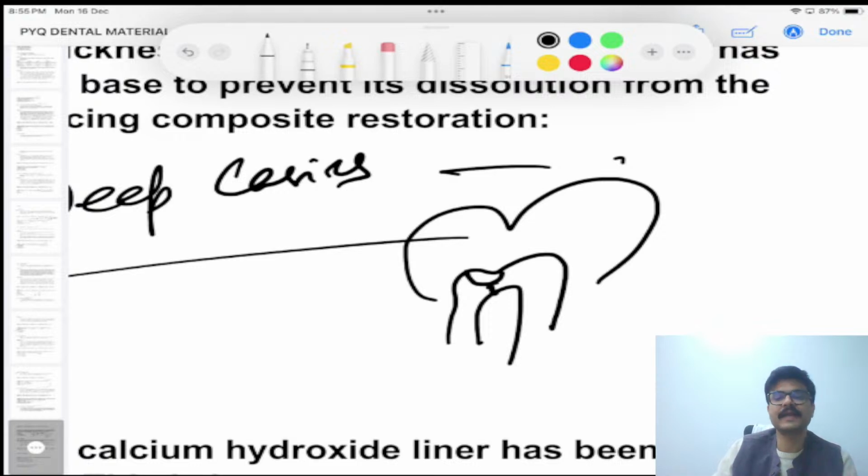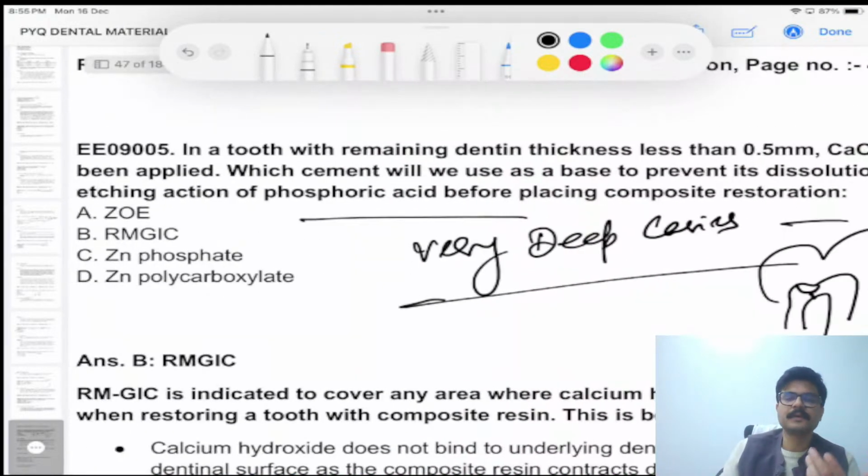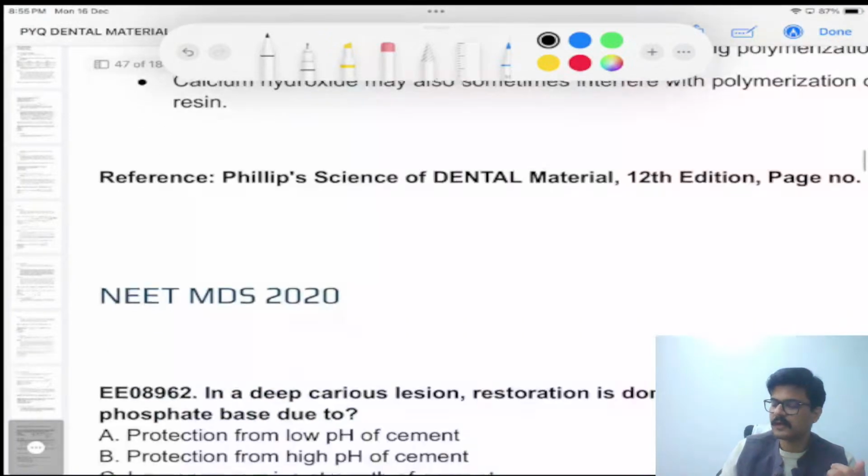So you want to overlay and protect the Dycal with resin modified GIC. If you don't have resin modified GIC, you can apply GIC. Protect it with resin modified GIC, light cure it, and then do your etching, bonding, and composite restoration. This is basically from the chapter of management of deep carious lesions, right? We do this very extensively with our students. Wonderful.